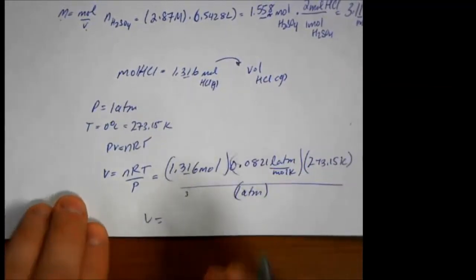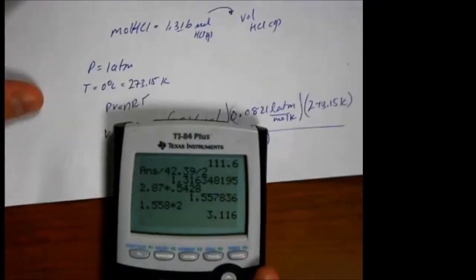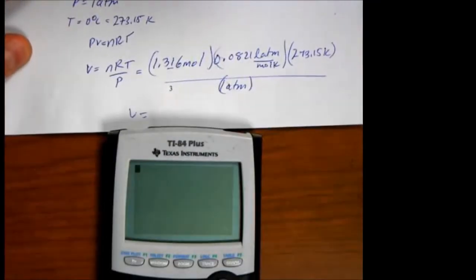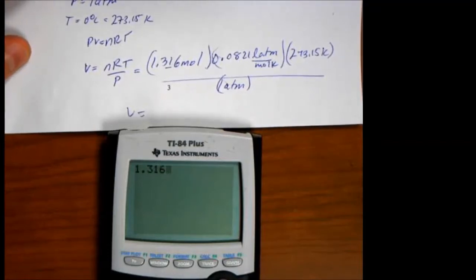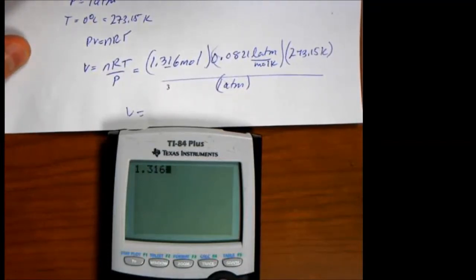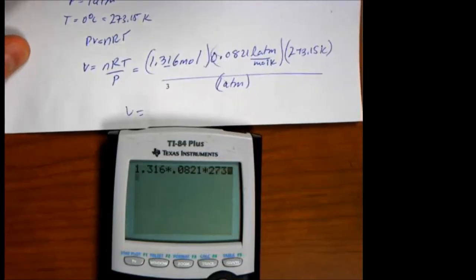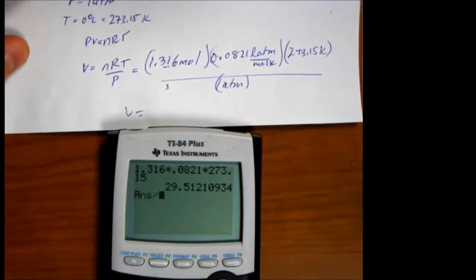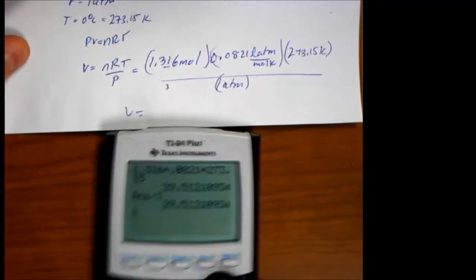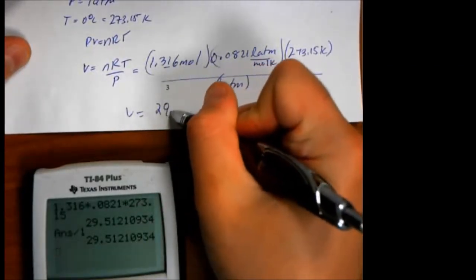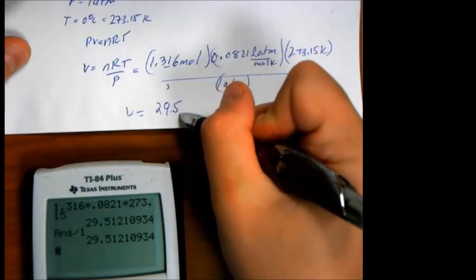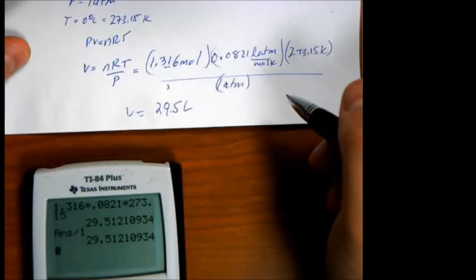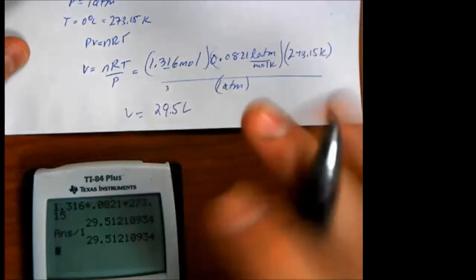So doing the math out, 1.316 times 0.0821 times 273.15 divided by 1, I get 29.5 liters out of that.